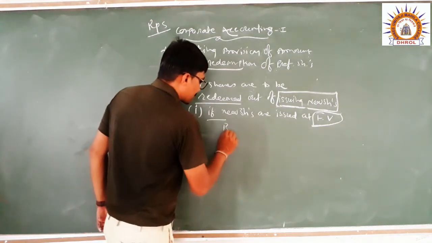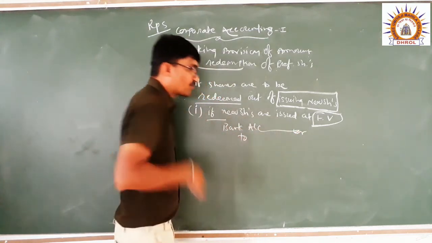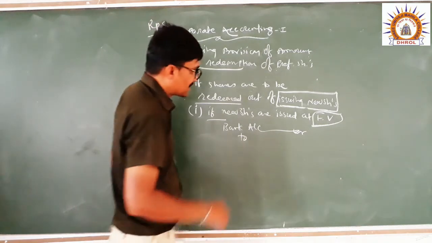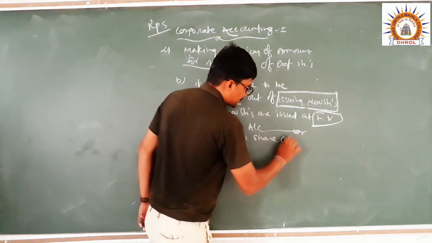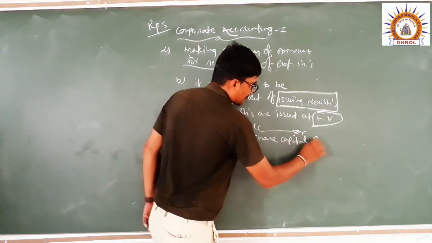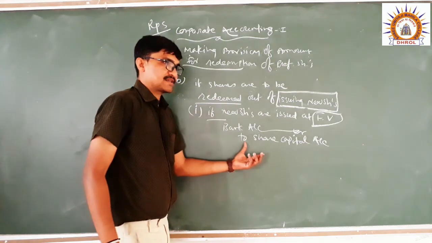So here the bank account is debited, and the credit goes to the shares issued, which means the share capital account, either equity share capital or preference share capital.